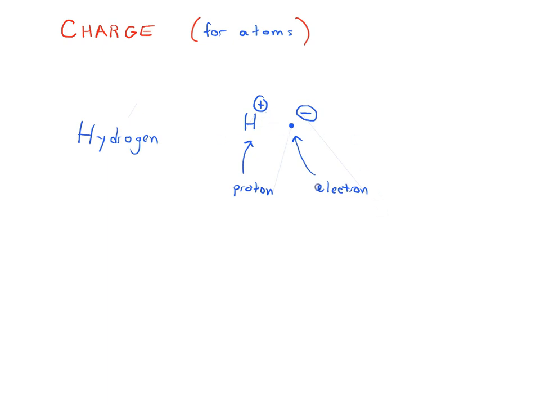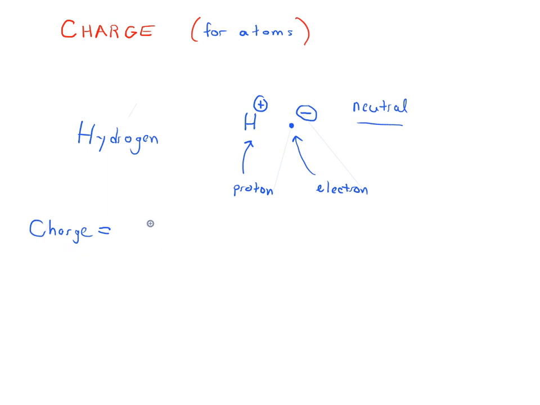Hydrogen has one proton, one electron. These charges are equal and opposite, so they're going to balance themselves out completely. This atom of hydrogen, with one proton and one electron, is going to be neutral. So we can come up with a formula for determining the charge of an atom.